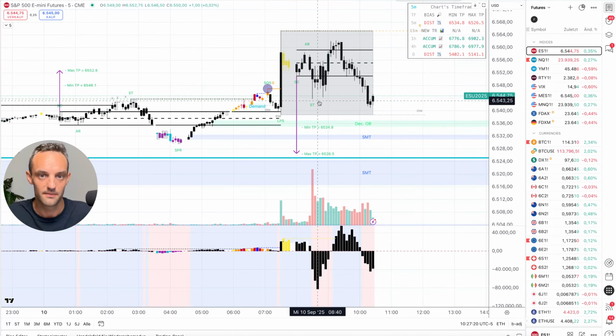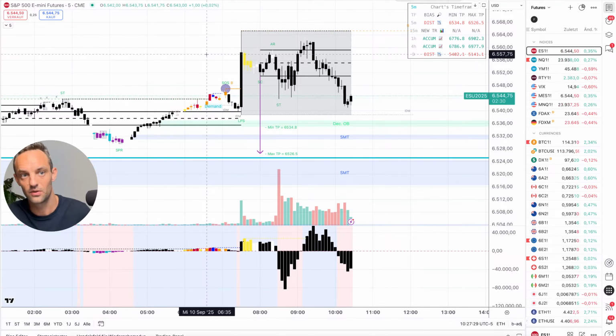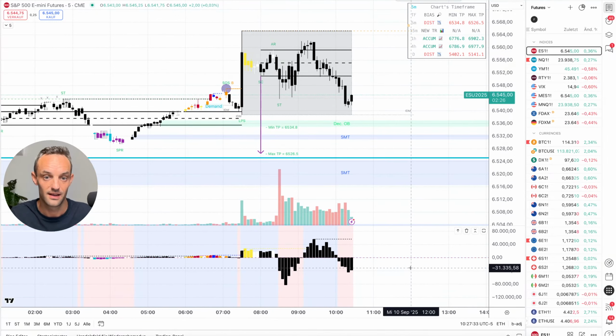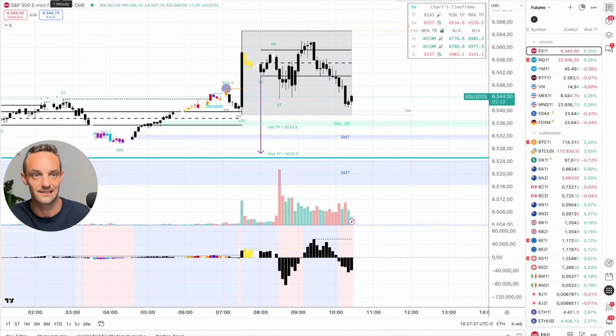So actually, here on the 5-minute chart, it was a little bit difficult to trade this choppiness. But let's go down to the 1 minute and to the 10 seconds chart, because then you will see it is much easier to enter and to exit.